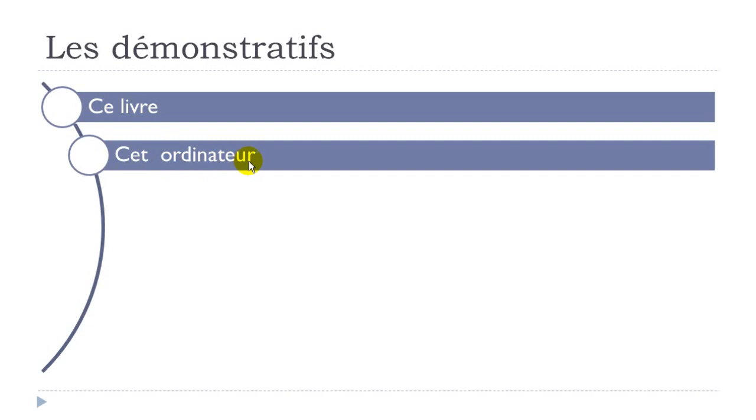Ordinateur is a masculine word, means computer, but if you look carefully, it starts with o, a vowel, so ce ordinateur wouldn't be possible, so we've got to use the second option as we saw previously, cet, written like that, cet ordinateur, this computer.